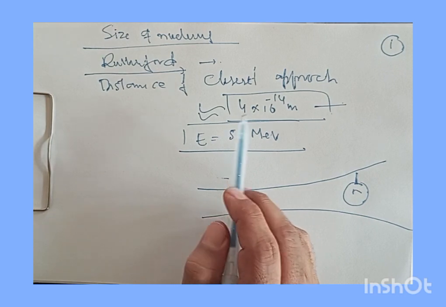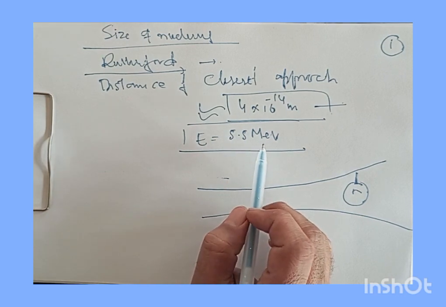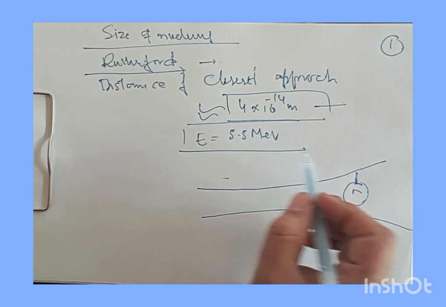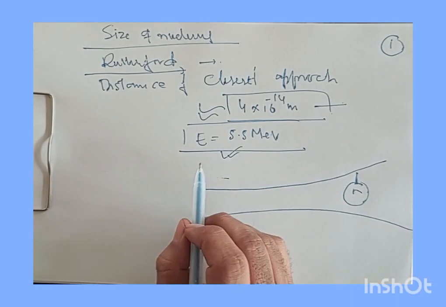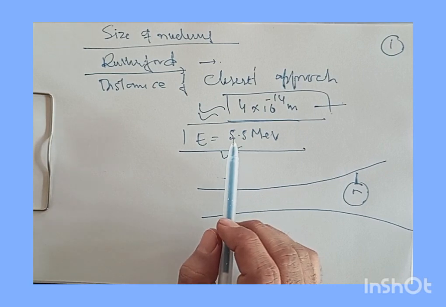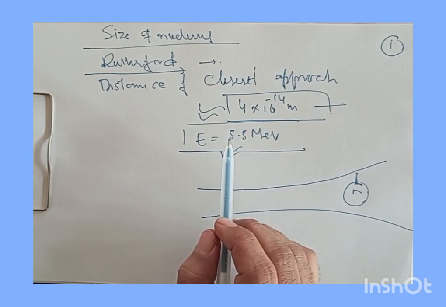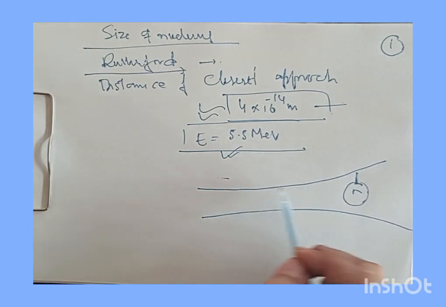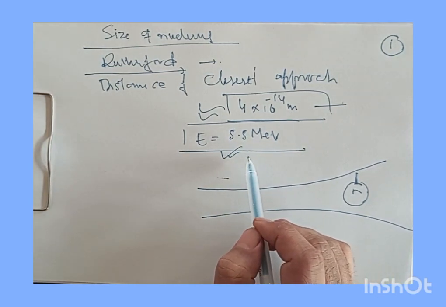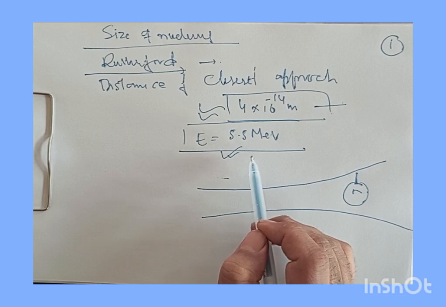These alpha particles have kinetic energies of the order of 5 mega electron volts, and the distance of closest approach will be smaller as we use energies of alpha particles more than 5.5 mega electron volts.